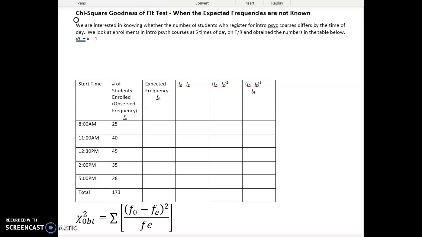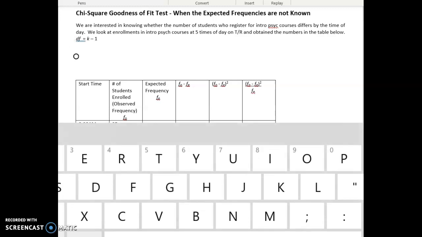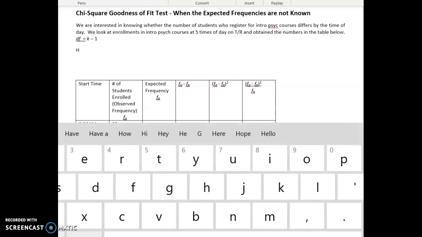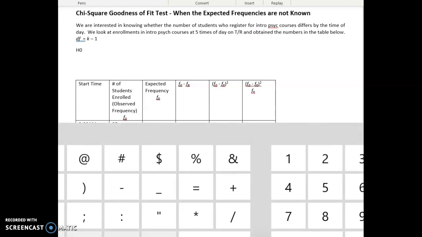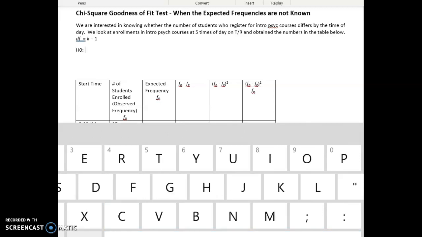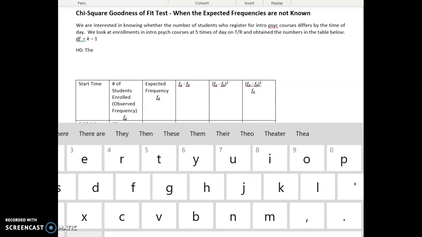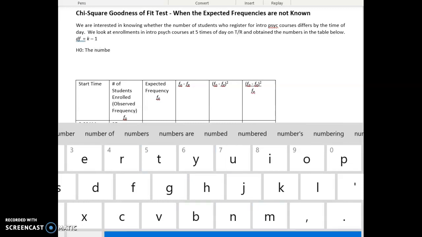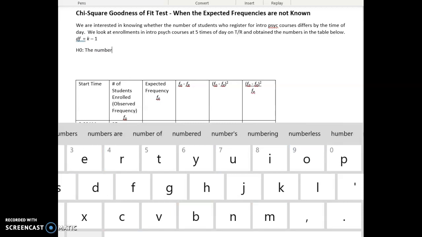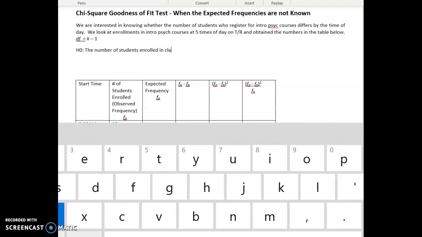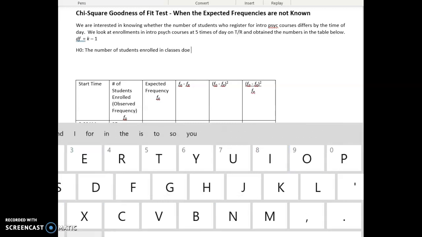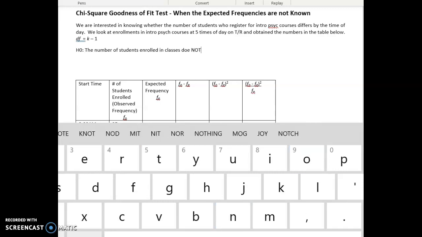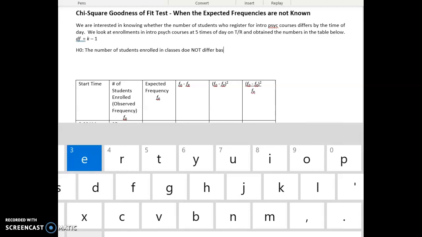Our H sub 0 is going to be that the number of students enrolled in classes does not differ based on time of day.